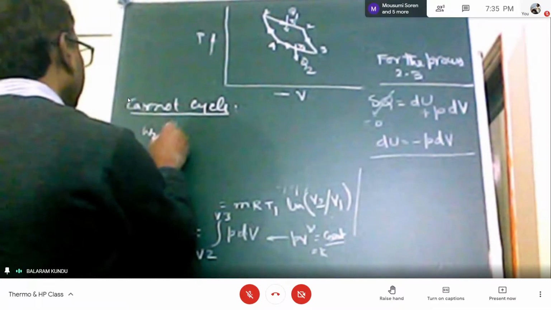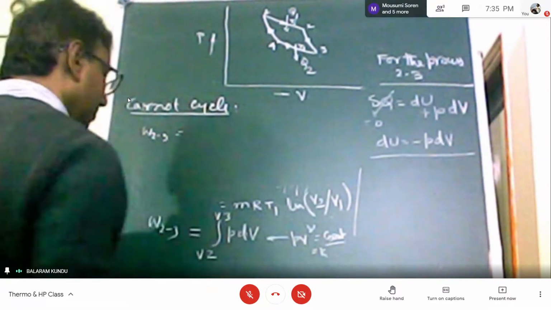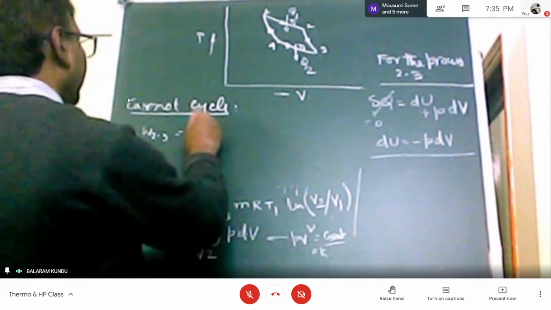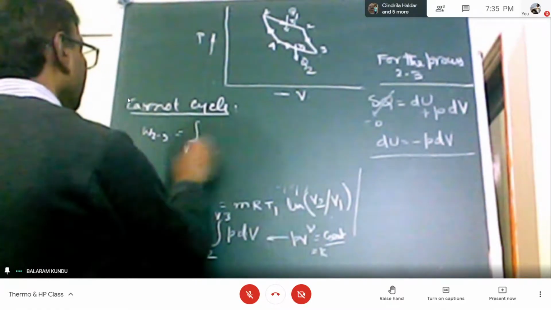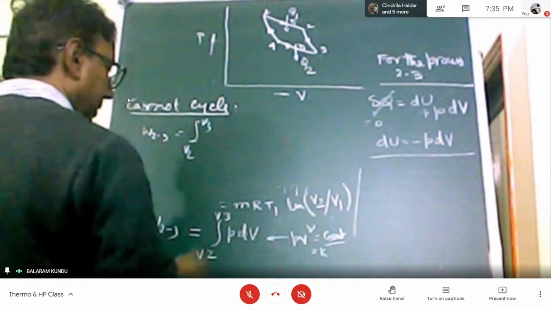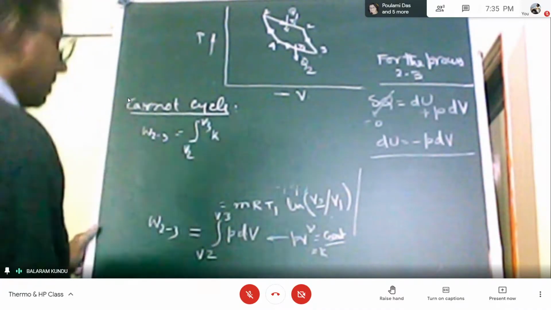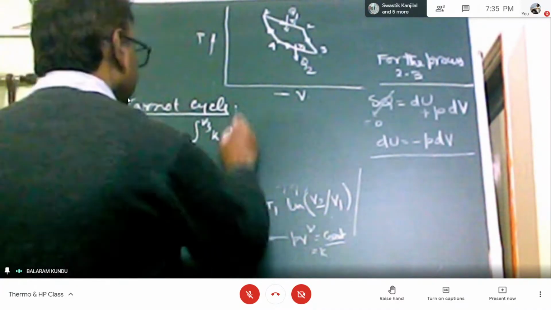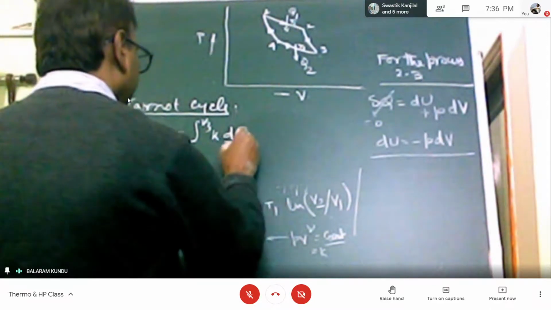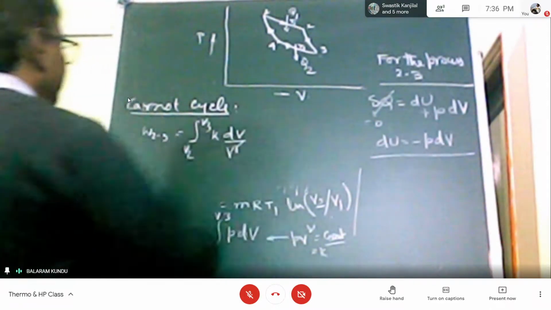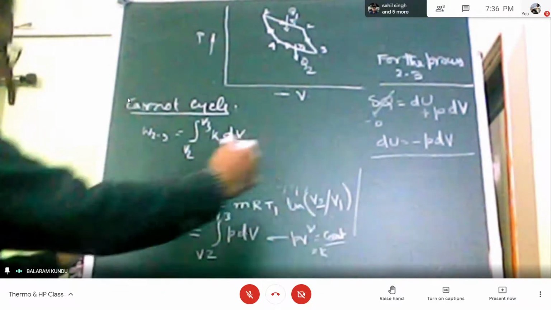W2 to 3 should be equal to, K is a constant, and the volume goes from V2 to V3, so K times dV divided by V to the power gamma here, and integrate this. A very simple way to get it.